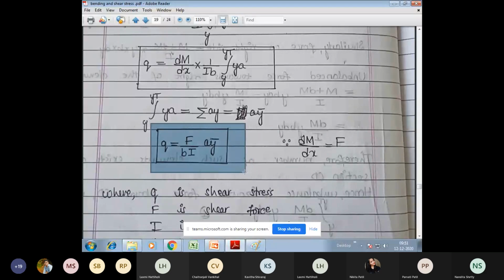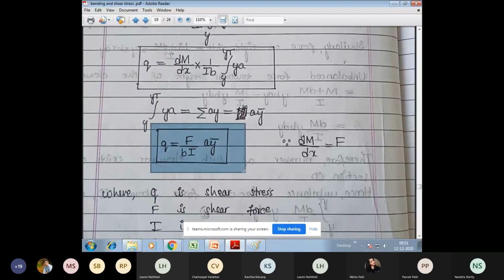Please observe this formula. Can you tell me, looking at this formula, where the shear stress is maximum in your rectangular cross section? Where is your shear stress maximum?